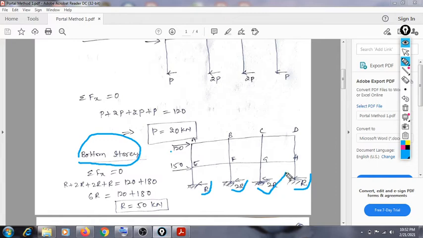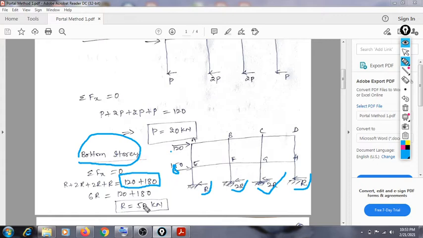And when sigma Fx is equal to 0, we get R is equal to 50 kilonewton, and make sure that this 120 plus 180 is taken into account. Here this is 180 and these two forces are taken into account, and we will be getting the reaction R.